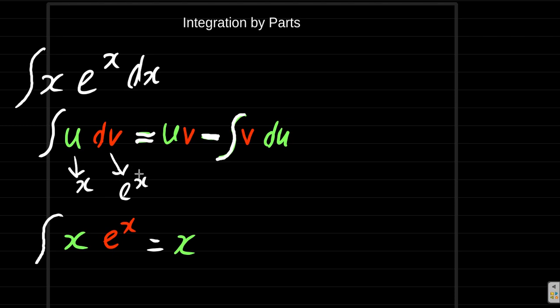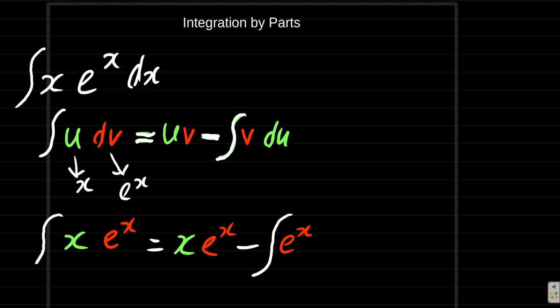Now, to move from dv to v, we integrate, right? So our dv will remain e to the x. See that? Minus the integral of v, which is the same e to the x, times du.